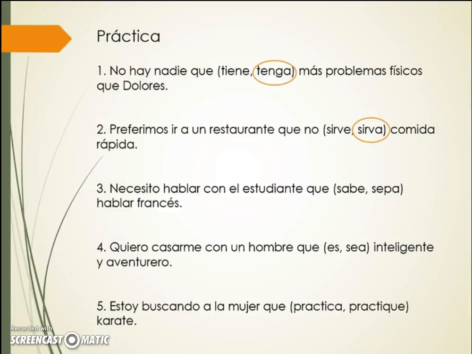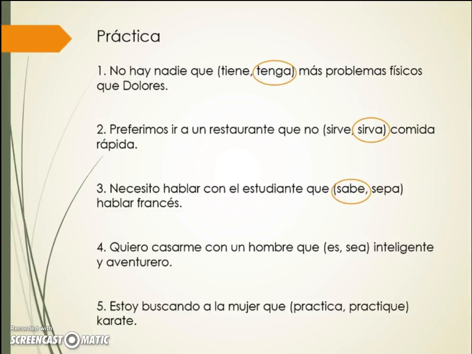Okay. Number three, necesito hablar con el estudiante que sepa hablar francés. I'm saying I need to talk with the student that knows how to speak French. Since it is the student, that is definite, and I would say sabe. Number four says, quiero casarme con un hombre que, so I would marry a man that is smart and adventurous.